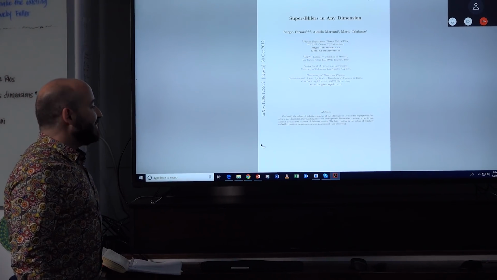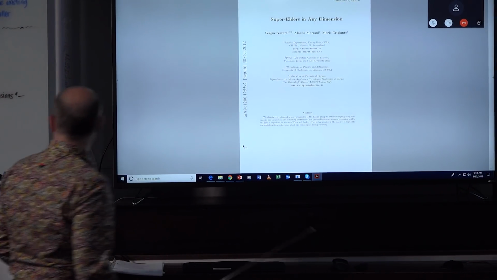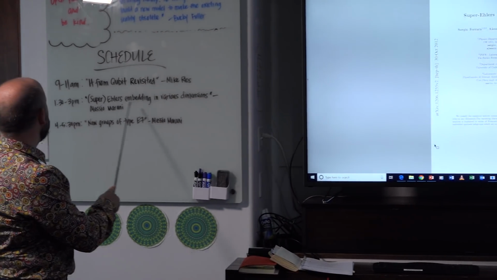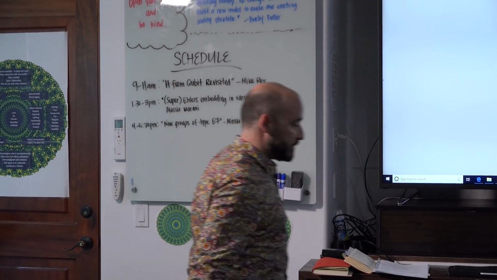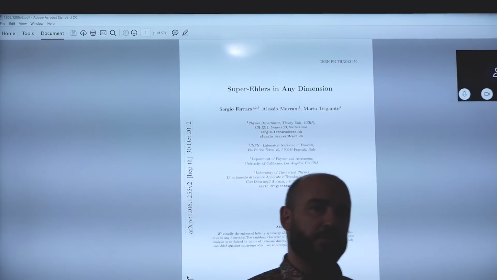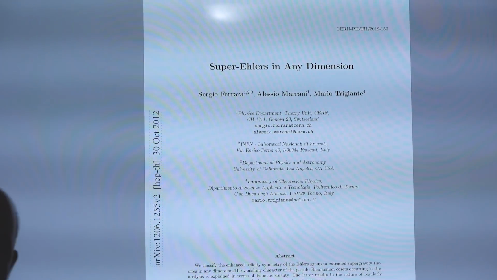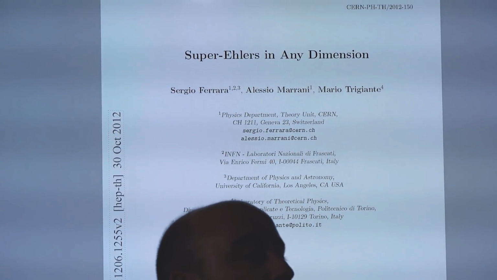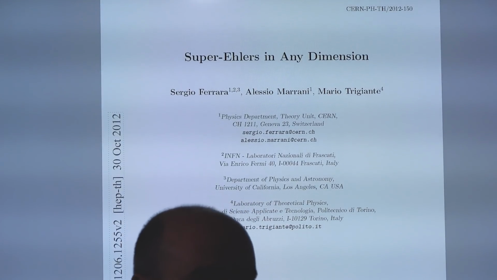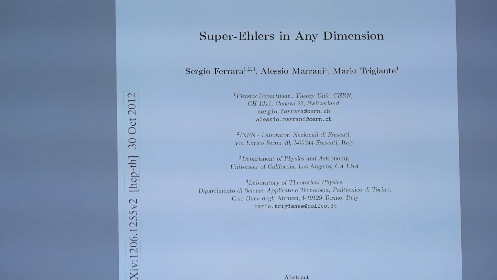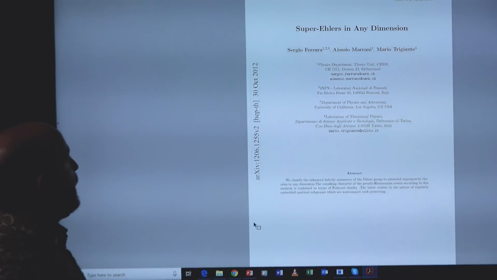Okay, so the title essentially is the one that I wrote, Super-Ehlers embedding in various dimensions. Essentially, I will focus on one particular case of these embeddings, which is the one that seemingly is relevant, for example, for array results, and I guess it's interesting for everybody here.